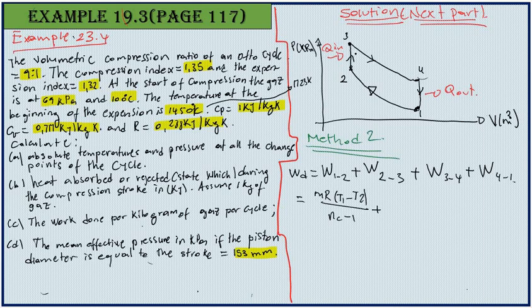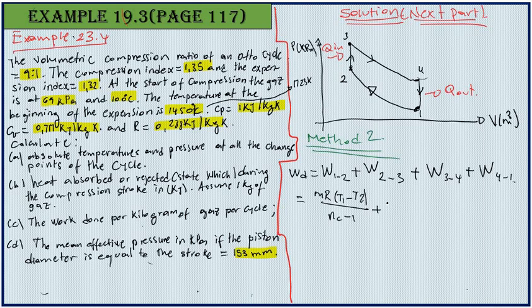So now this process is from 2 to 3, W is equal to 0, because the work done for the isochoric process is always 0. Why is it equal to 0?